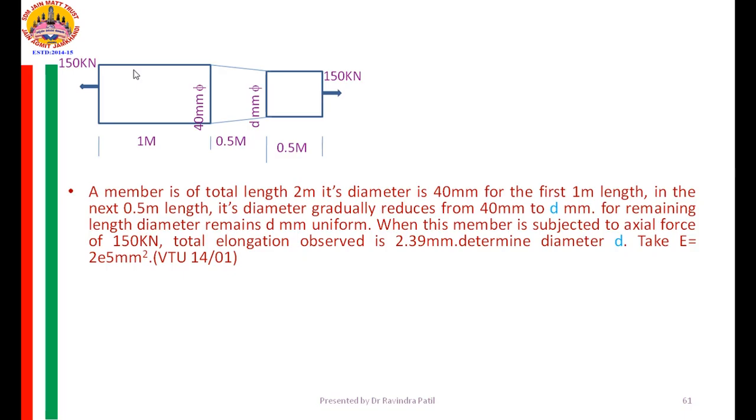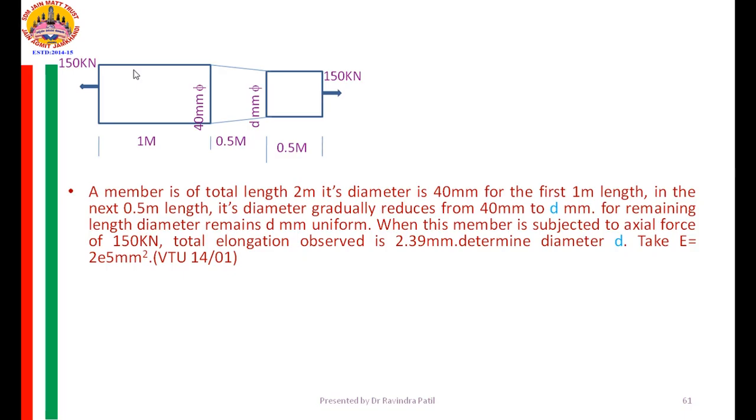Next 0.5 meter length changes the diameter from 40 mm to d mm, and next 0.5 meter length, its diameter is d only. When this system is subjected to a load of 50 kN, its total elongation is 2.39 mm. If that is the case, he is asking what is the diameter d.